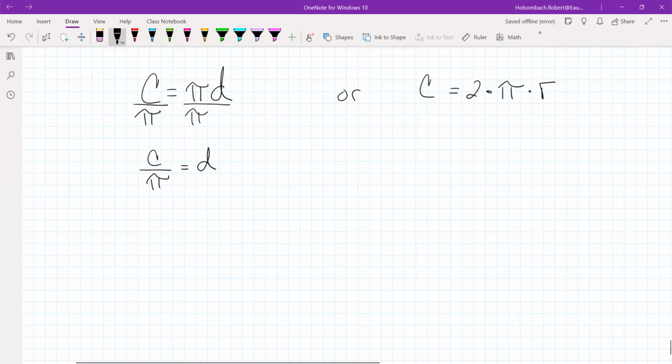Okay, all we did was take the circumference formula and we solved for d. Divided both sides by pi, and diameter of a circle equals circumference divided by pi.